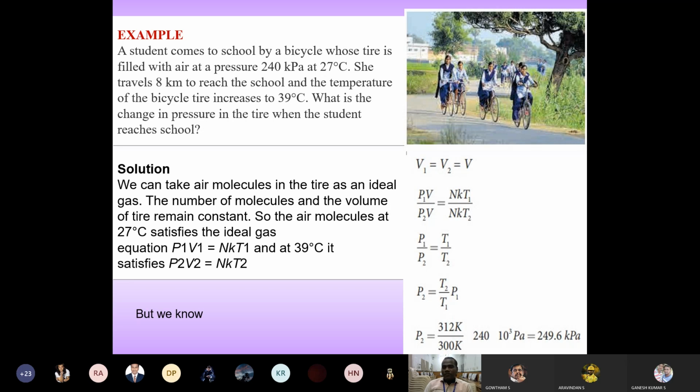So we can have the formula P1V equal to NkT1 divided by P2V equal to NkT2. So we can rewrite the formula in this manner: P1V divided by P2V equal to NkT1 divided by NkT2.